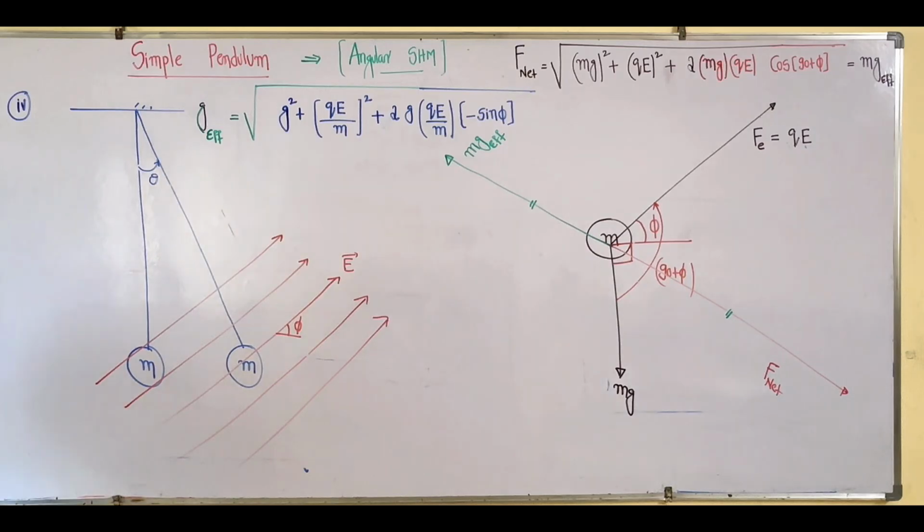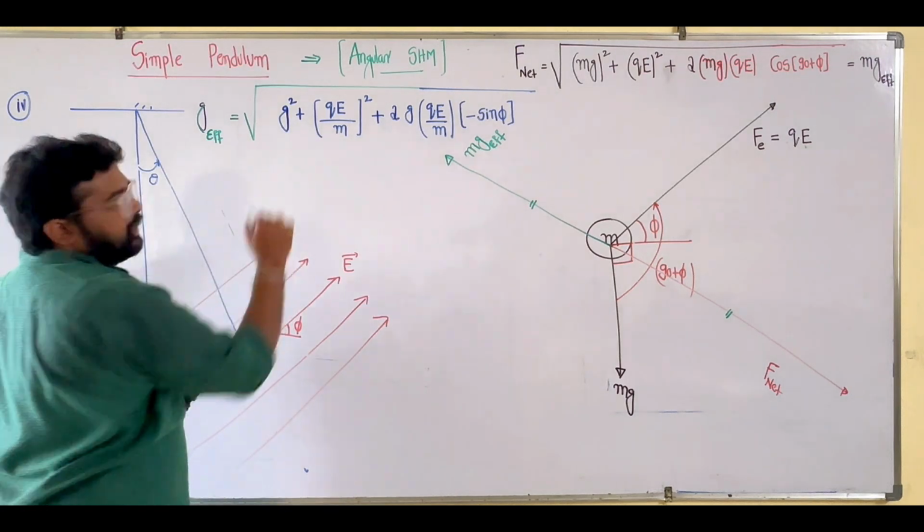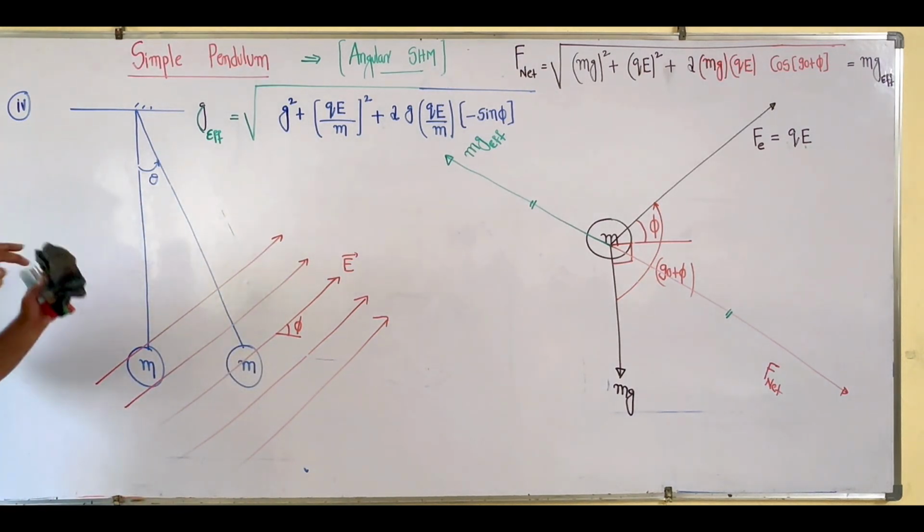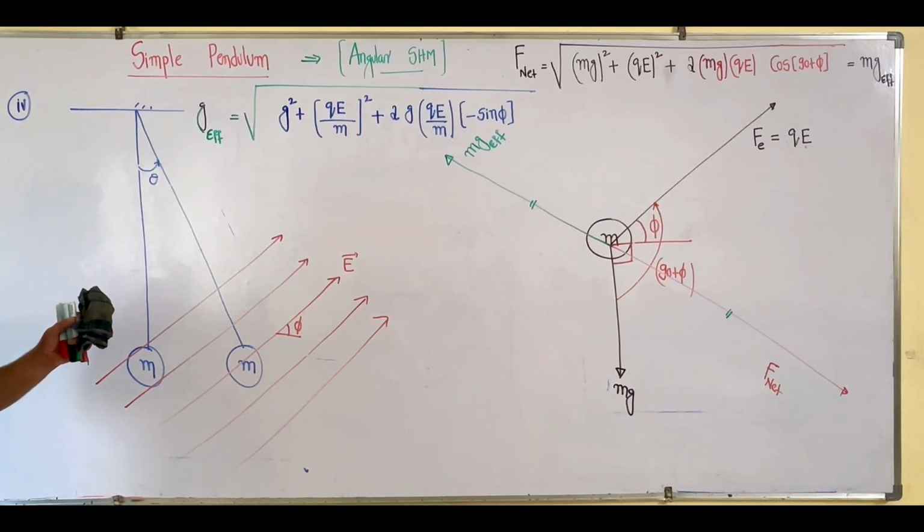Clear? If it is horizontal, phi is equal to how much? 0. Then you will be getting phi equal to 0. If it is vertically downward, phi is equal to minus 90. Clear?